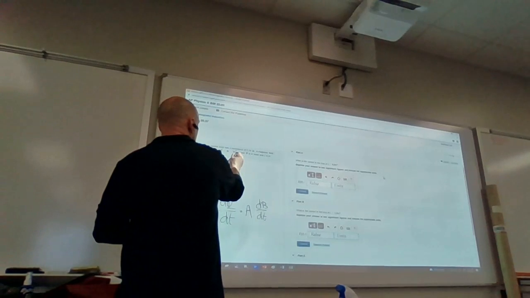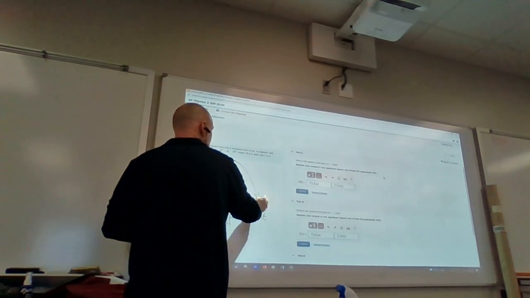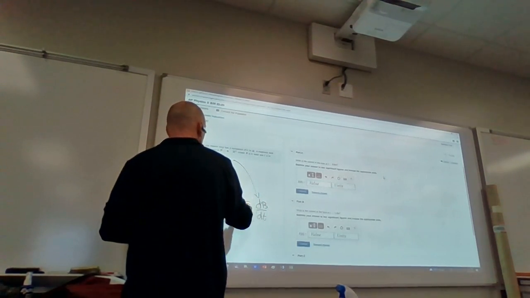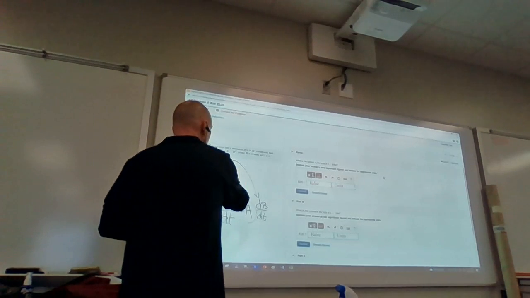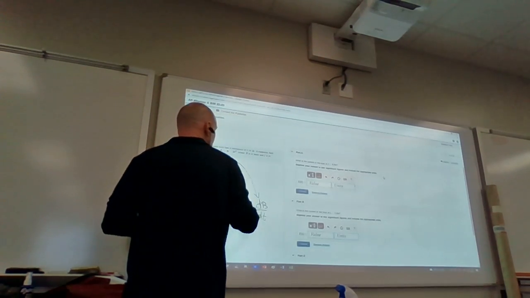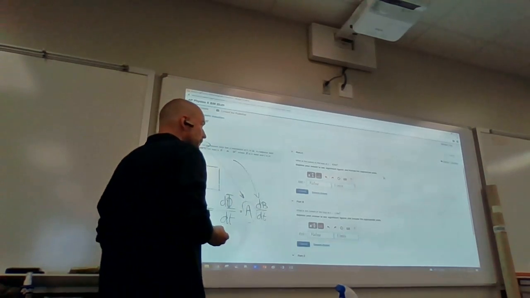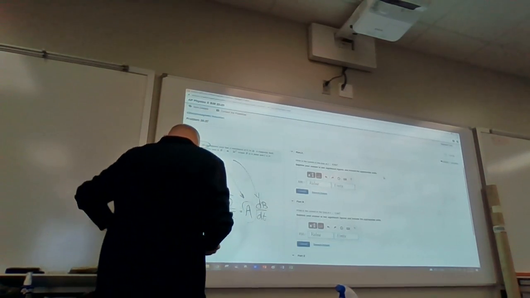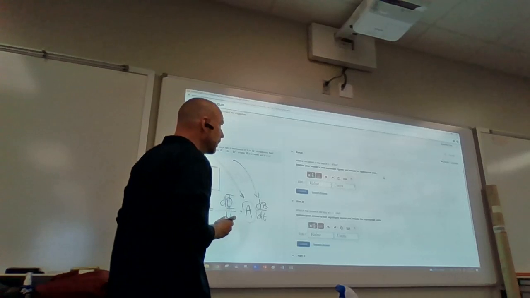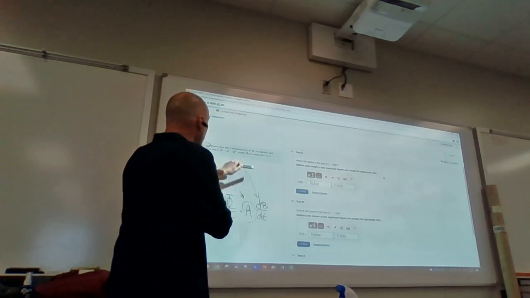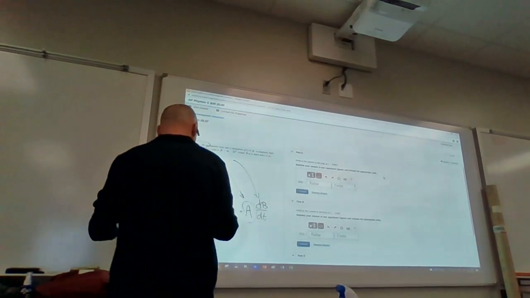So you just take the derivative of this, multiplied by the area. And that gives you your induced EMF, your voltage. And the loop has a resistance. Oh, it gives you the resistance. Beautiful.